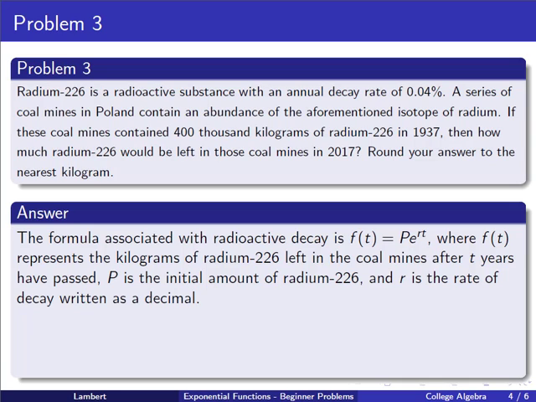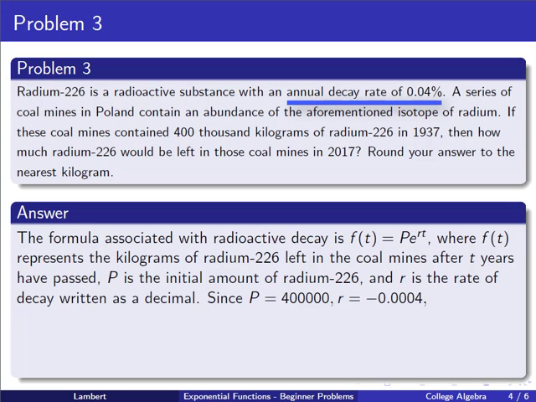Okay, so we need to find some values here within this word problem. One of the easy ones that we can start with is the 400,000 kilograms of radium-226. And so we have P equals 400,000 because that's the initial amount of radium-226. You have an annual decay rate of 0.04%.